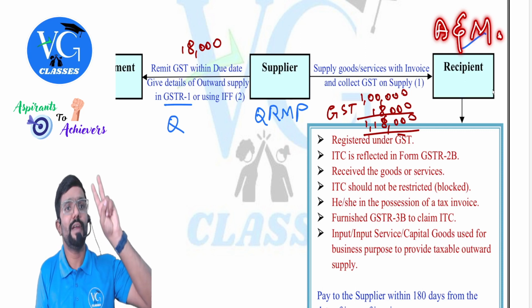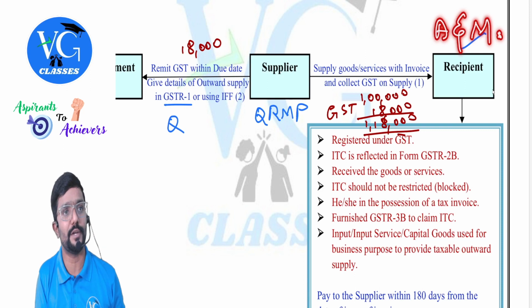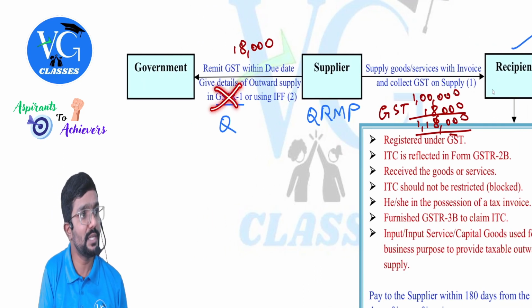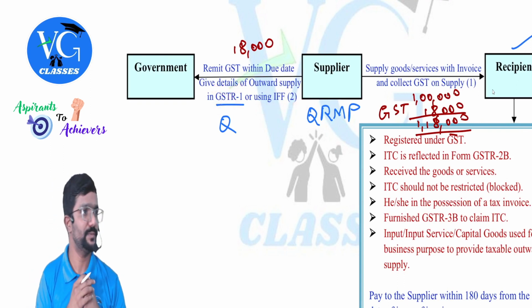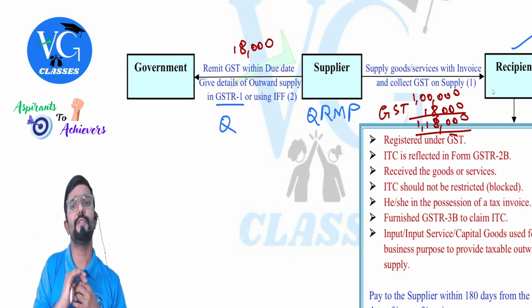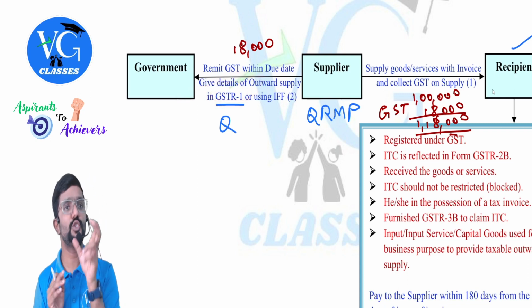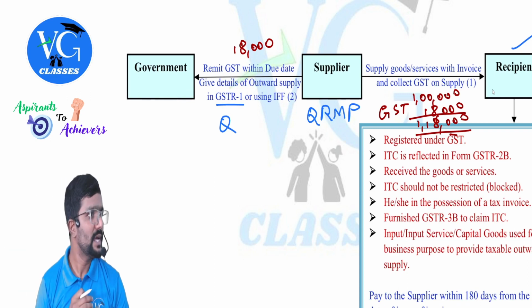In that case, for any supplies made in the first 2 months of any quarter, the supplier can give the details of his outward supply not in GSTR 1, but in the invoice furnishing facility. Whereas for the last month of the quarter, he can give the details in GSTR 1 only, because for June month, whatever sales is made, I can give the details by July itself. Is that clear?